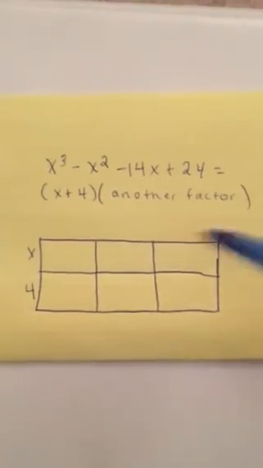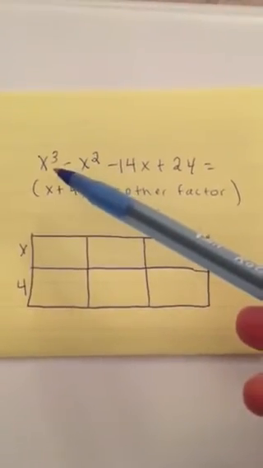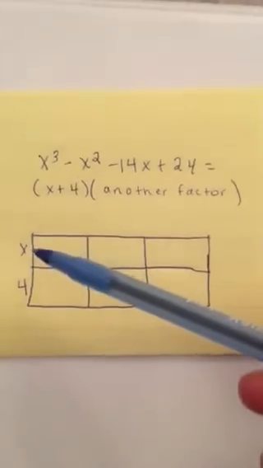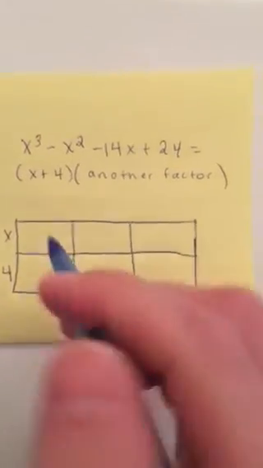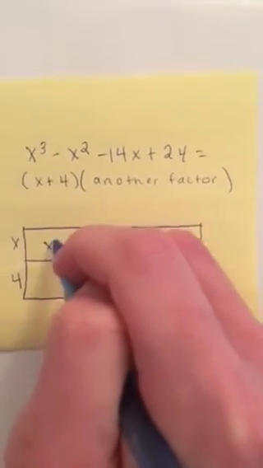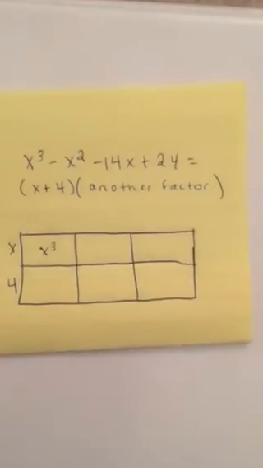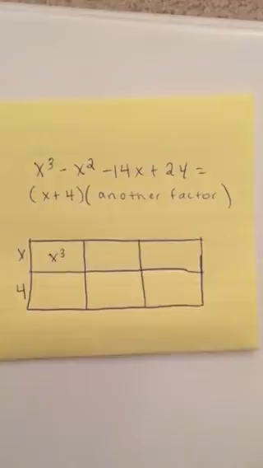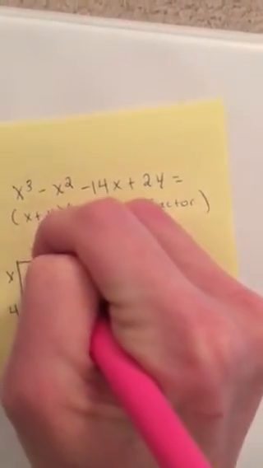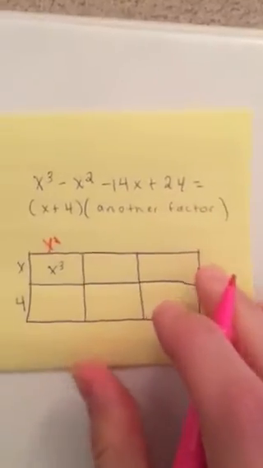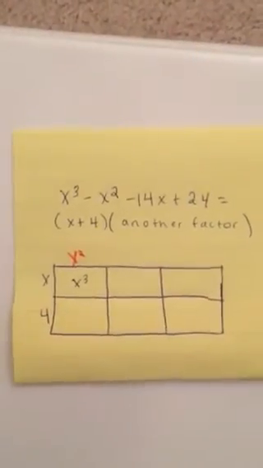So I know I need to get an x cubed as my result. So x times what would give me an x cubed? Well, that would be an x squared. Okay, so we have that piece.